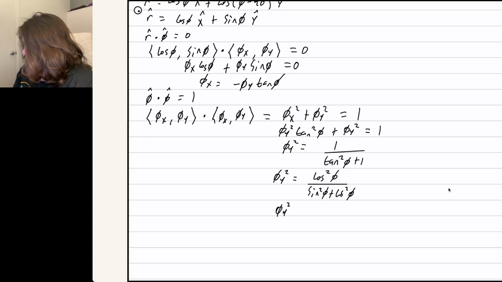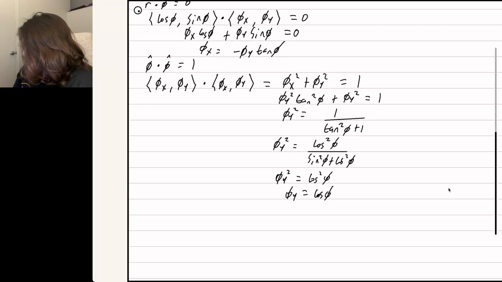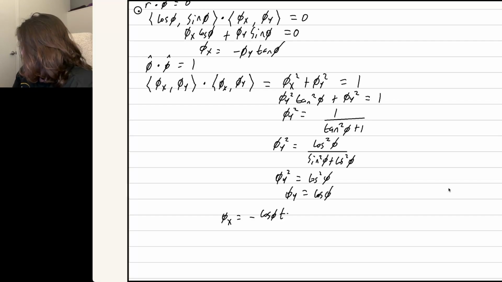So you just have cosine squared phi, so phi y is equal to cosine phi. Plug that into our expression for phi x, and you get minus cosine phi tangent phi, which is just minus sine phi. So now we know that the unit vector in the phi direction can be represented as minus sine phi x hat plus cosine phi y hat.